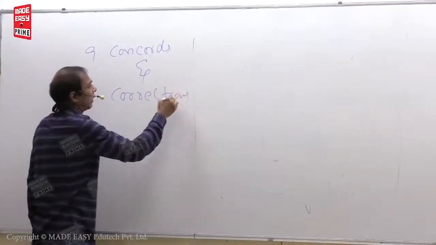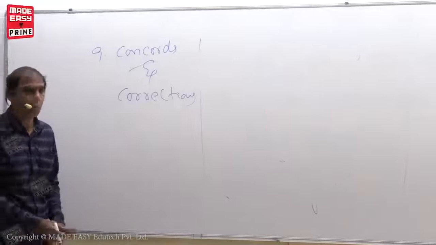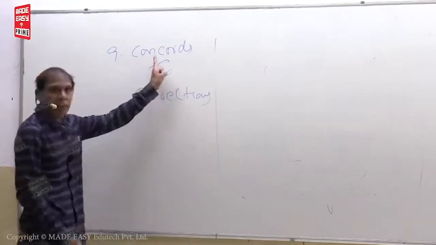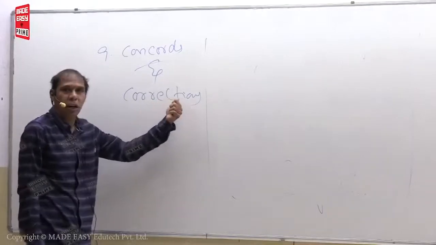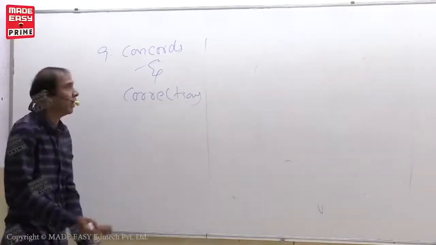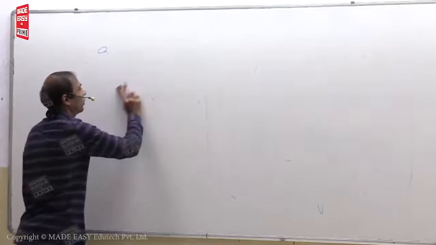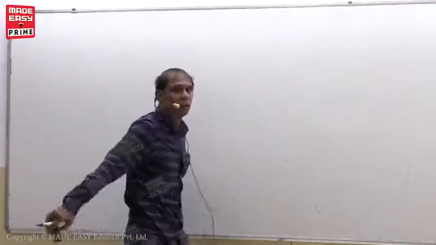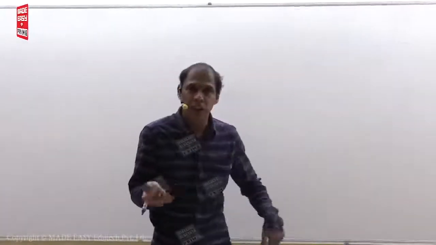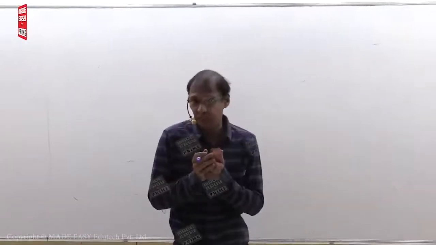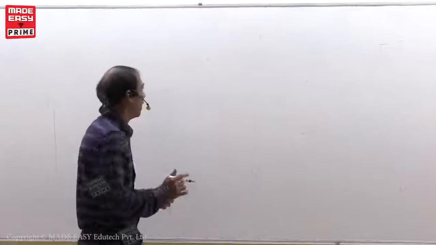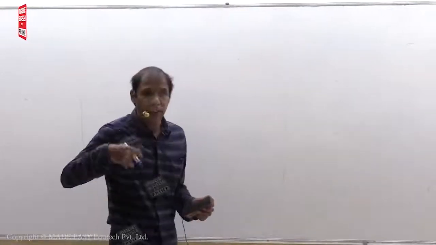What is concord? I'll explain later, don't worry. Concords, C-O-N-C-O-R-D-S, and corrections, C-O-R-R-E-C-T-I-O-N-S. Right? These are the 10 topics we have to take into consideration. First, I'll explain some basics. Okay? First, my dear students, let me say something about the vocabulary part.